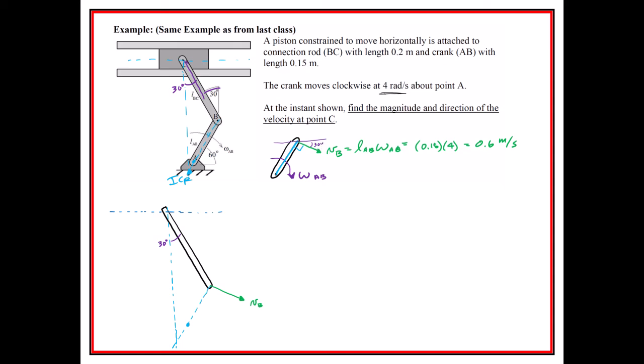We could convince ourselves of that because this is 60 right here. This line right here has to be 60 degrees. Therefore, this has to be 30 degrees, right in there. So breaking this apart right here, we know that that is also 30 degrees.